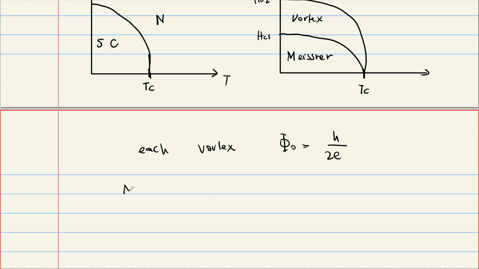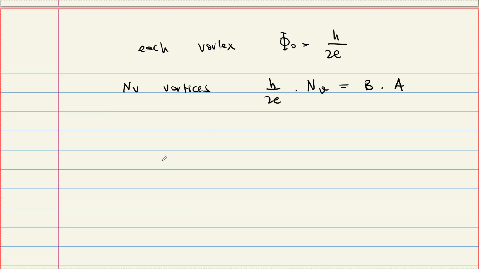And if we have N_V vortices, we have h over 2e times N_V is equal to B times the area of the sample. And from here, we have N_V over A, which is the density of superconducting flux, equal to B times 2e over h.